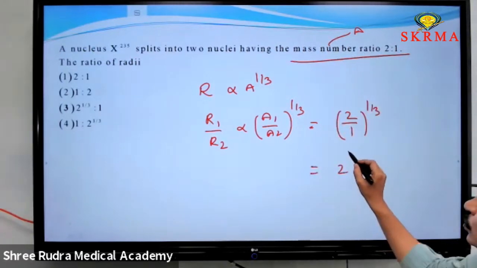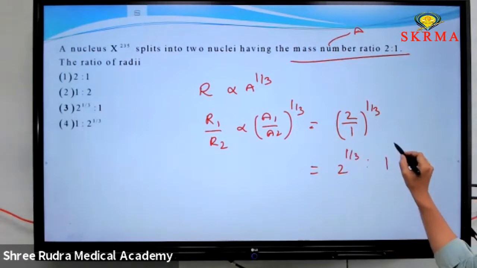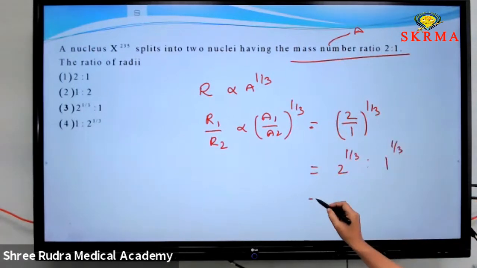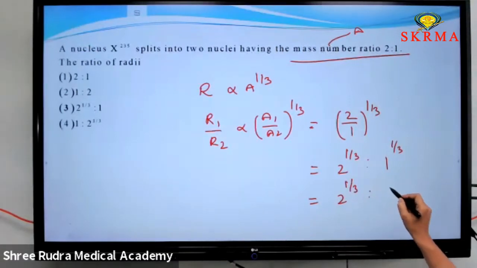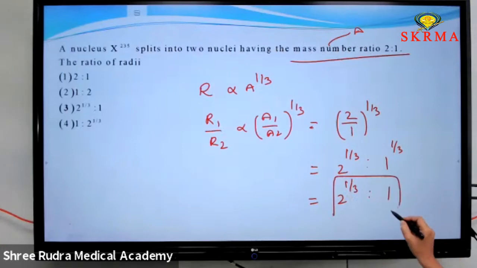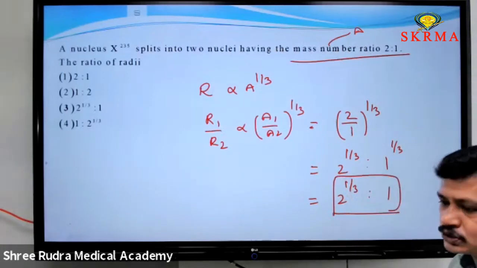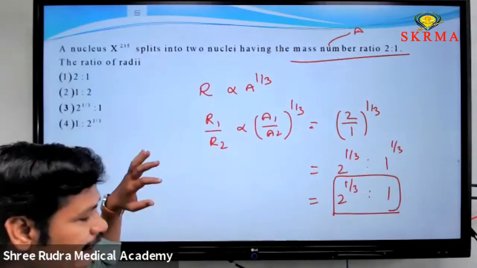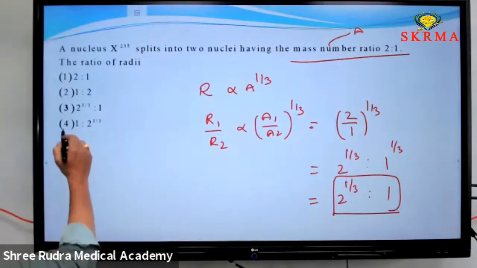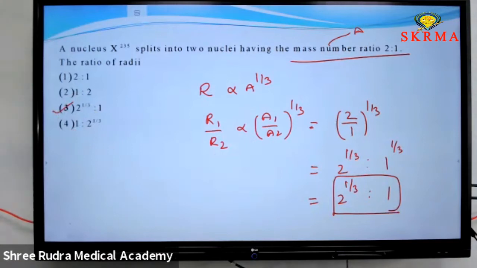Obviously you get 2 power 1 by 3 over 1 power 1 by 3. As 1 power anything is 1, the ratio is 2 power 1 by 3 to 1. This is the correct answer. This is also a direct NCERT question, because most of the questions are asked directly from the NCERT textbook. That's why the correct answer is option 3.